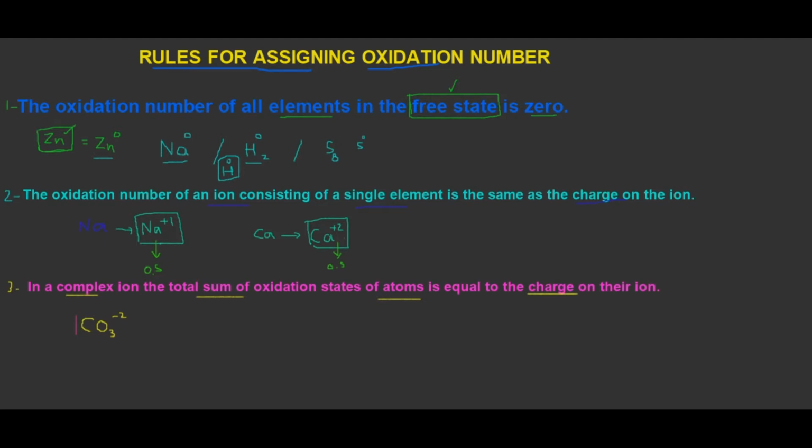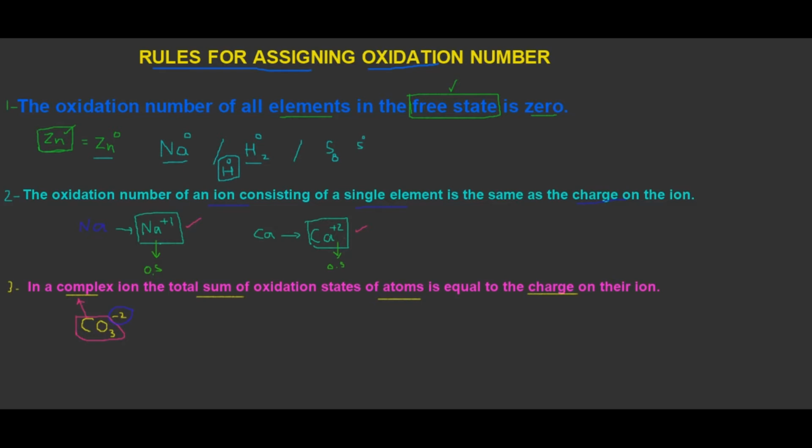This is known as a complex ion. Earlier we discussed ions composed of only a single element, so those are simple ions. In this case, as you can see, the carbon atom is bonded to 3 oxygen atoms, so this is known as a complex ion. In the case of the carbonate ion, we have a charge of -2.